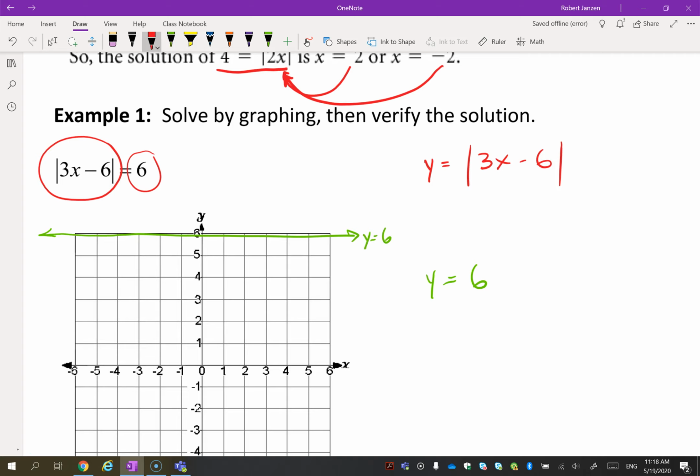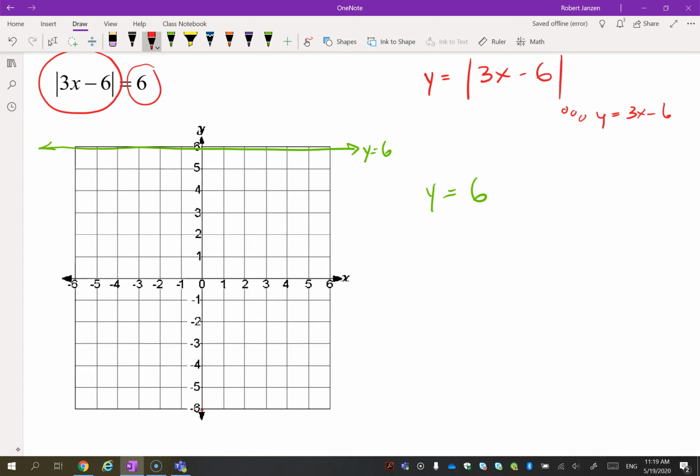To graph y equals the absolute value of 3x minus 6, remember you would first graph y equals just 3x minus 6. So the y-intercept is negative 6, and the slope is 3. This line would look like this.